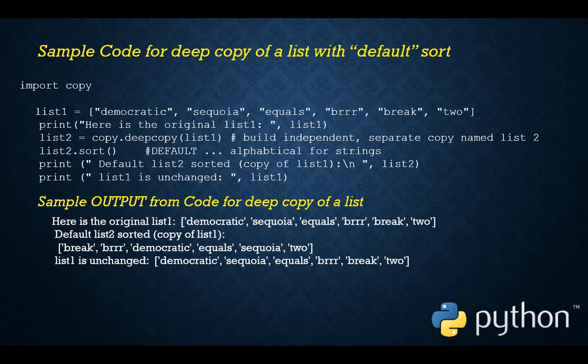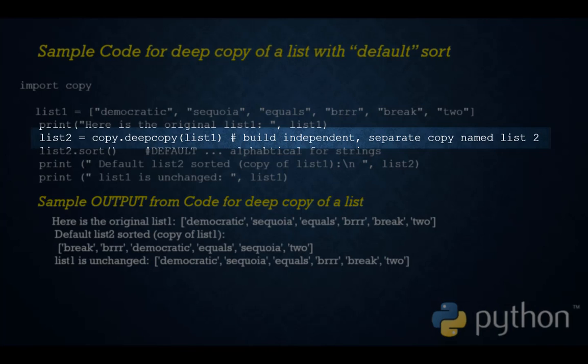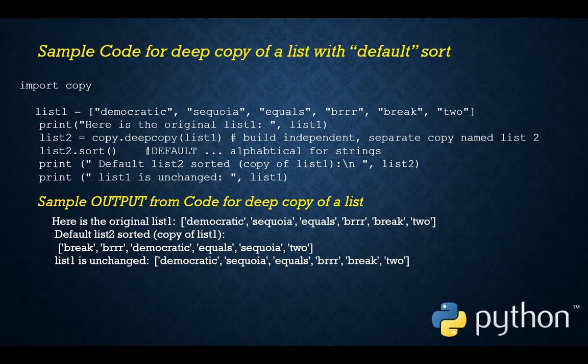We print that list. And then we create list 2 by using the imported copy, deep copy function of list 1. This will build an independent, separate copy named list 2.